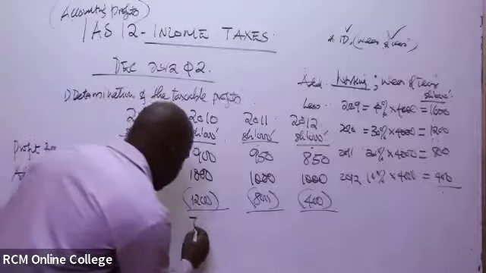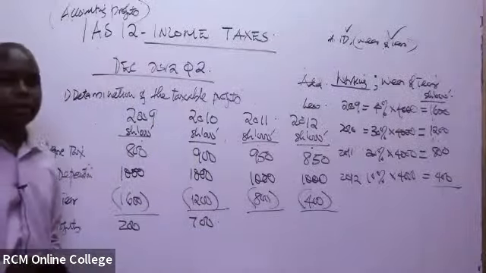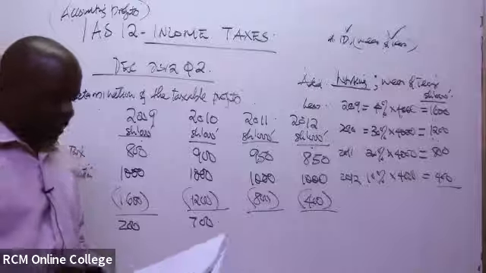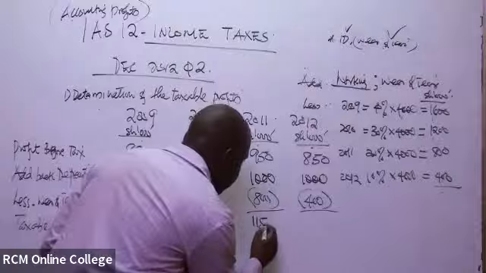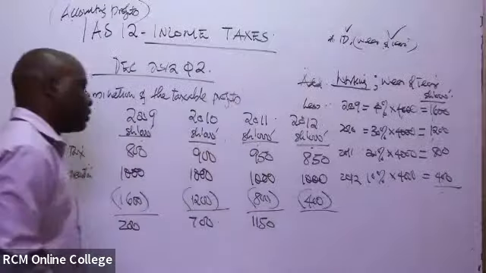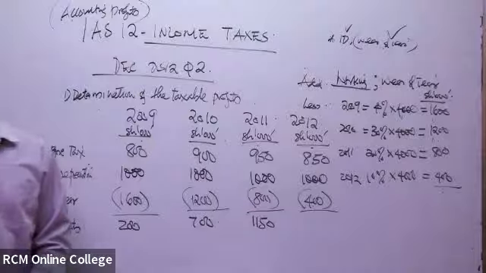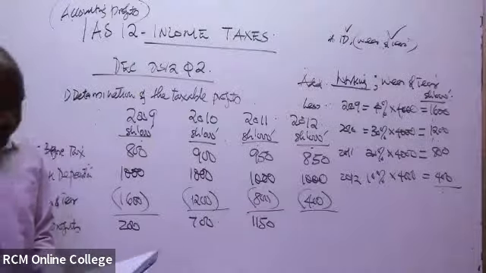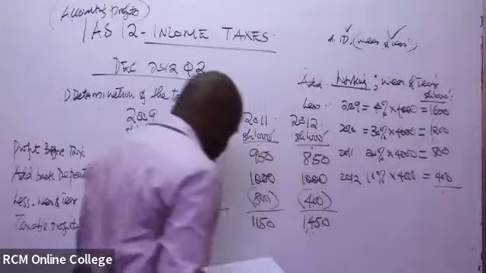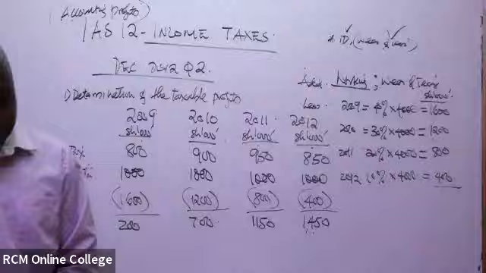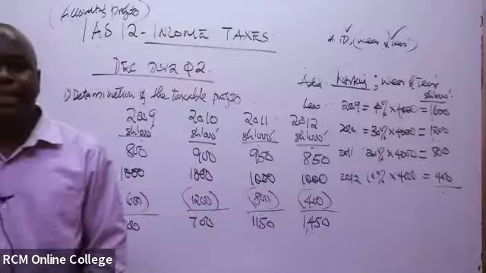The third one, 1150. And the very last, 1450. So if you look at the question, the corporate tax rate is 30%.